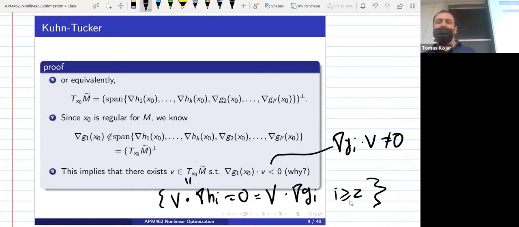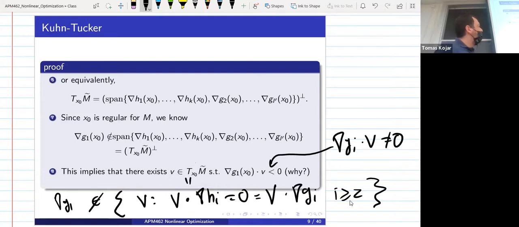Can someone tell me why I can assume that it can be negative? Again, the definition of this set are all the V's that are normal to the gradients. The gradient of G1 is not in this set, okay?